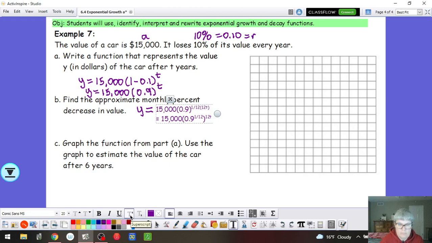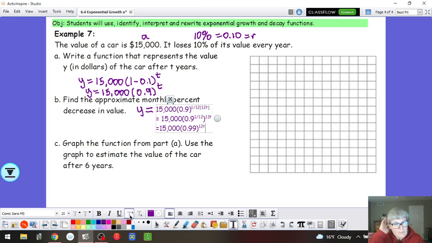So when we're looking for that decrease, we need to find what the decay rate is. We're going to calculate 0.9 to the 1/12 power. And when you're putting that in as an exponent, you can type it as 1 divided by 12. And we have approximately 0.99, to the 12t power.